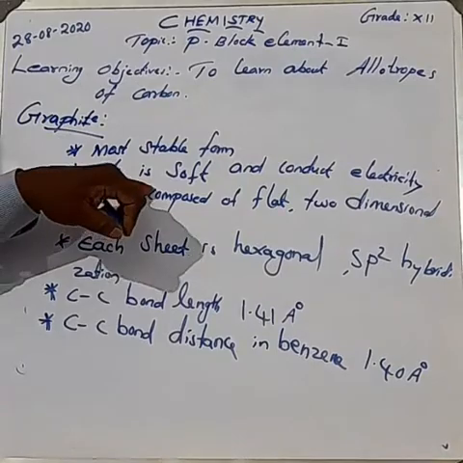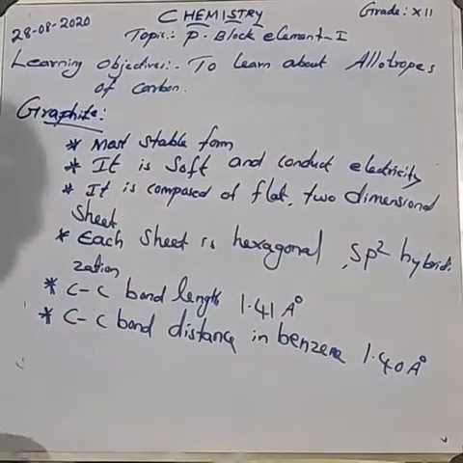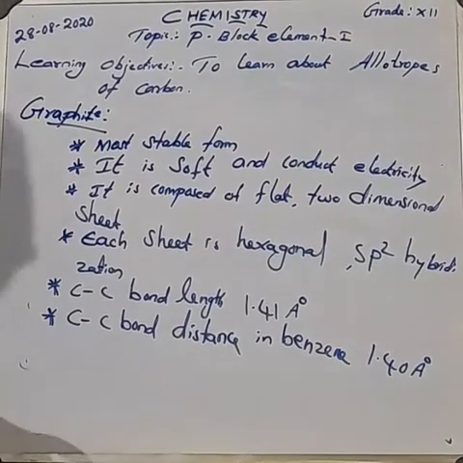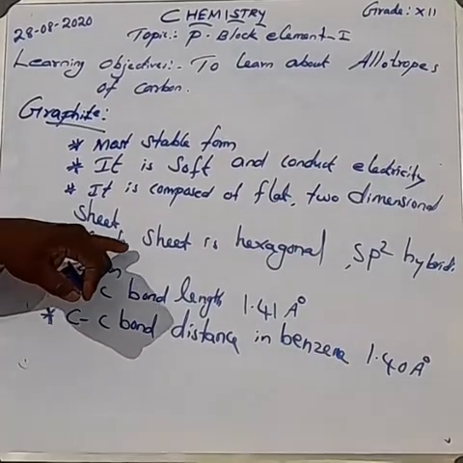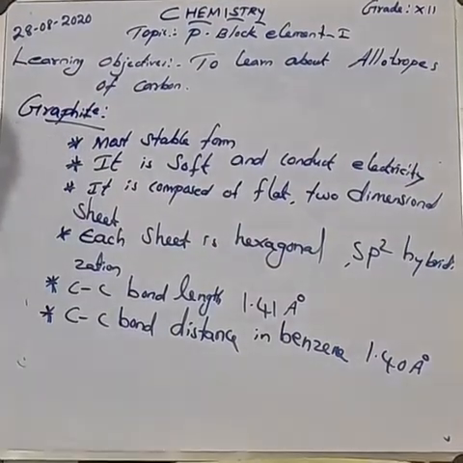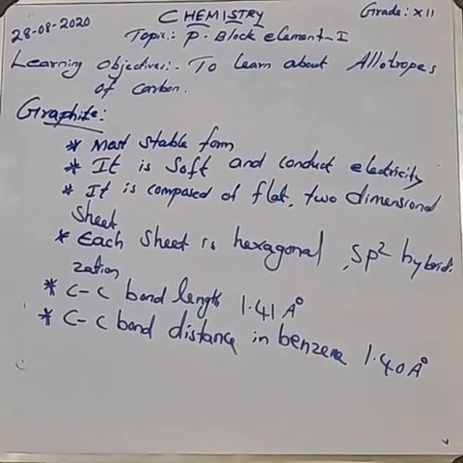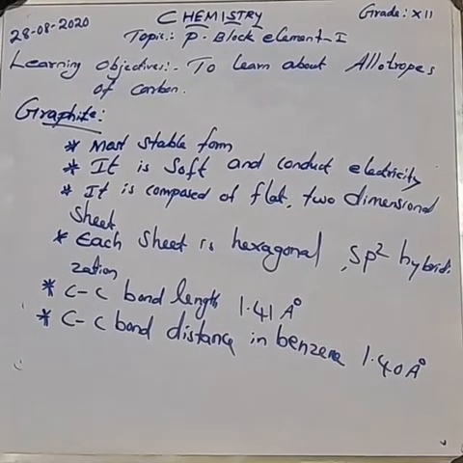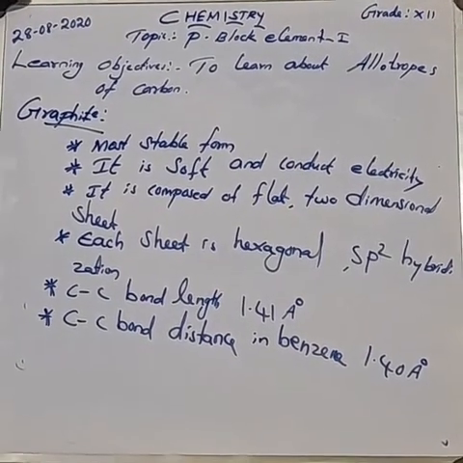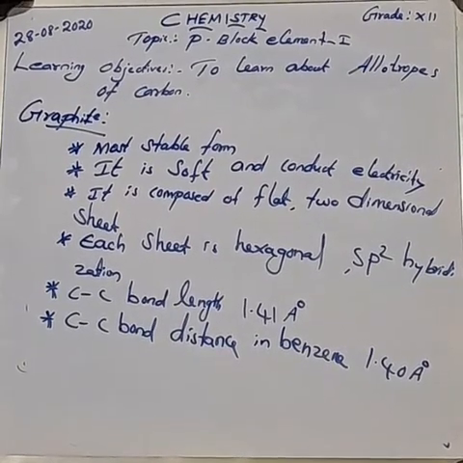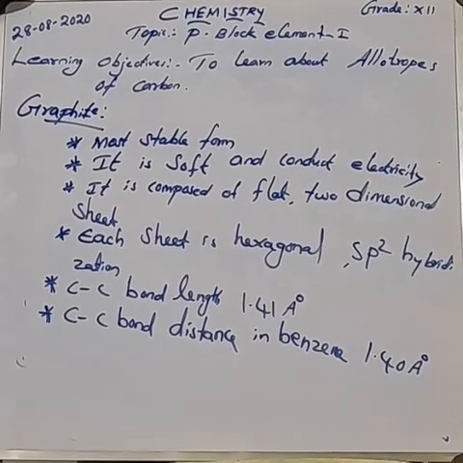Once again, it is the most stable form. It is soft and conducts electricity. It is composed of flat two-dimensional sheets, each sheet is hexagonal and sp2 hybridized. The carbon-carbon bond length is 1.41 angstrom, and in benzene 1.40 angstrom.